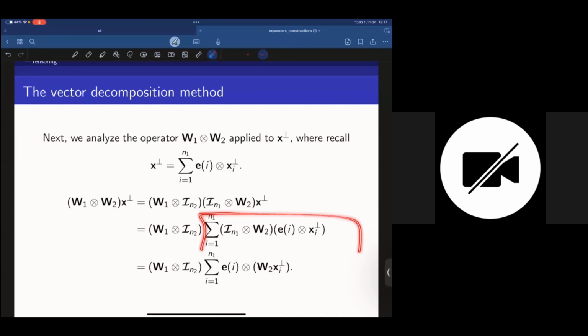If you look at this now, this is where the action happens. I does nothing to the e_i, which is good. It says, walk cloud by cloud. And then W2 acts on a perp vector, which is good. It's going to come in handy now. You want to see that, because when you feed W2 something which is orthogonal, it's going to be small.